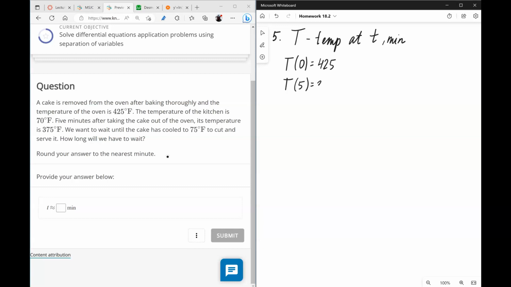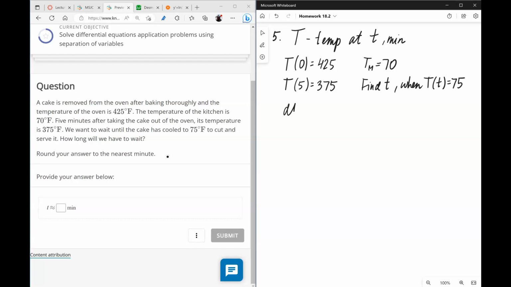After 5 minutes, it was 375. The temperature of the kitchen is 70 degrees. And the question is to find t when T of t is equal to 75.